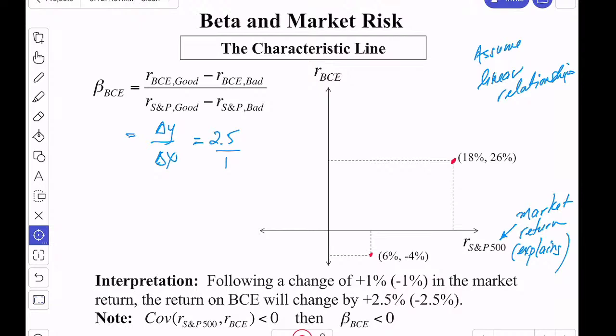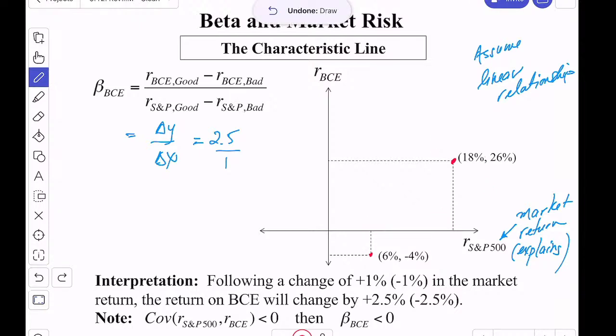This was a very simple case, calculating the slope, and you can make the calculations yourself to convince yourself that's what it is. But usually we have much more points than just 2, right? We have more points than 2, and then the line is only as good as the correlation coefficient, how close those points fit to the line.